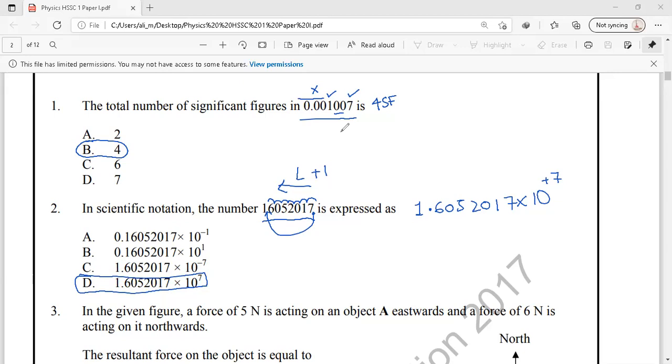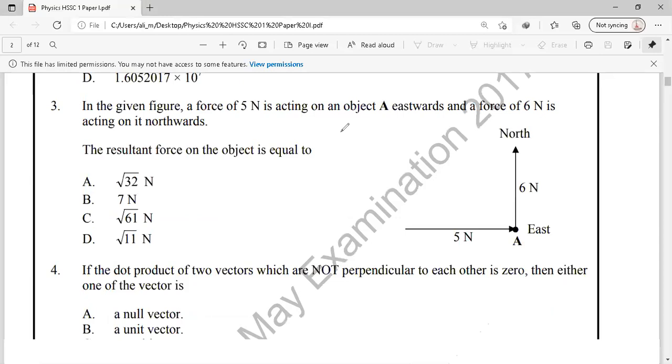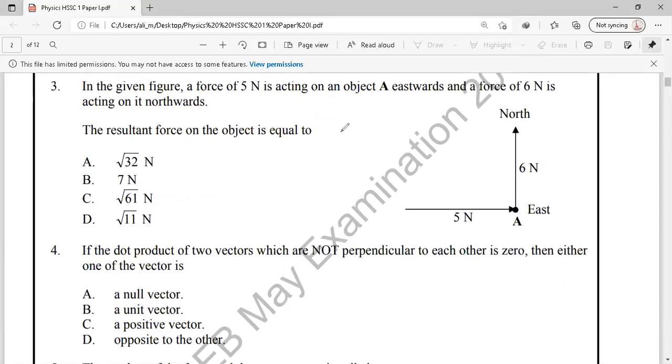Now let's come to our next question, that is question number 3. In this given figure, a force of 5 newtons is acting on an object A in the eastward direction and a force of 6 newtons acting in the north direction.